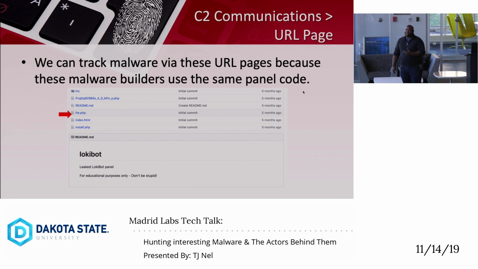Basically, the infrastructure of their panel, you can use those as markers to track that type of malware. So LockyBot panel has FRE.php, so if we see FRE.php in our traffic, then guess what? You've got LockyBot. It's not any more difficult than that.